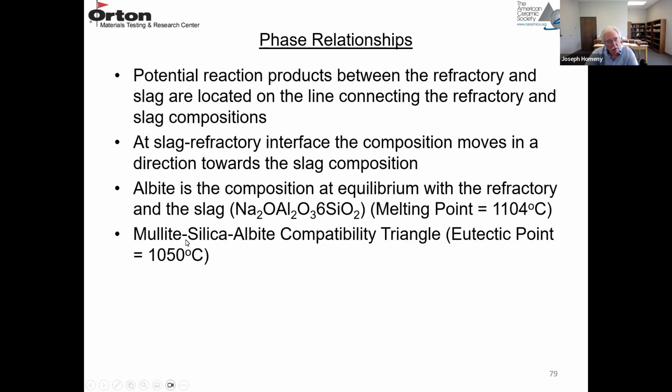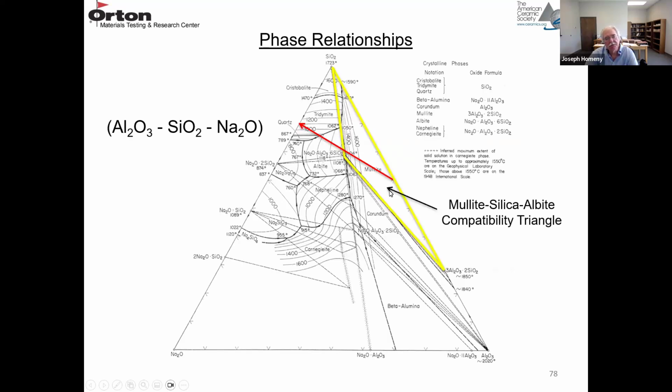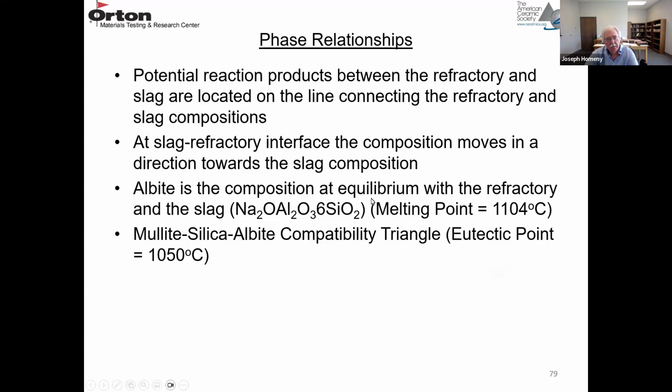So now we're in this mullite, silica, albite triangle, and that has a low melting eutectic, 1050 degrees C. So in this triangle, we're here at 1050. That's the eutectic for albite. So it's a little bit lower temperature.